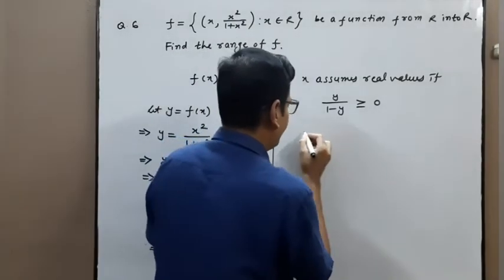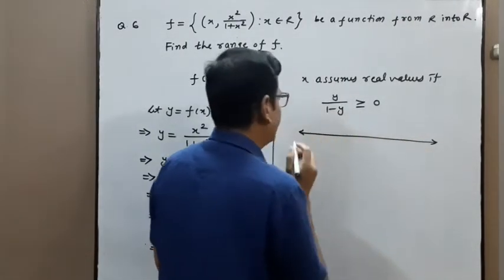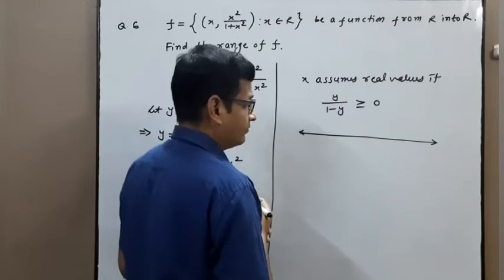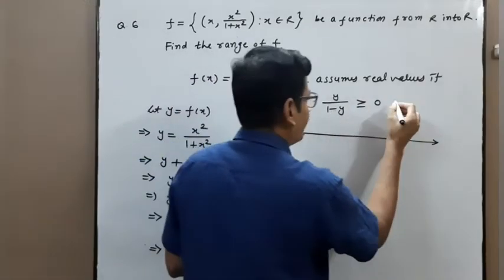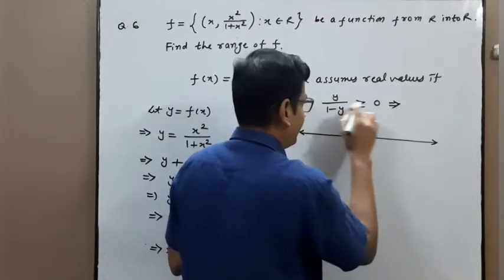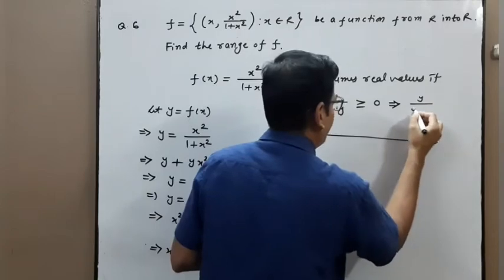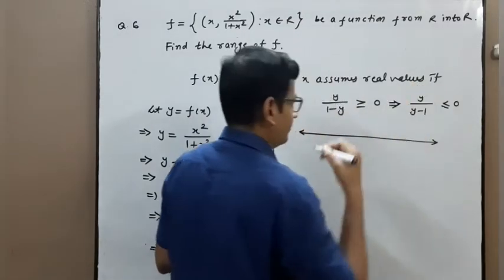Now find the critical points and locate them on the number line. Before this, just see the sign of this is negative, so first convert it into positive. Multiply by the minus sign, so we get y upon y minus 1 less than or equal to 0.